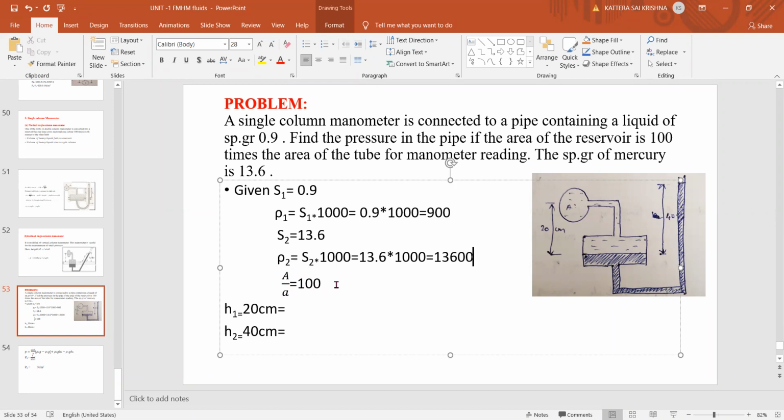But in the formula, small a by capital A will be there, which you can write as 1 by 100. Next, H1 is the fluid height in the left limb, so 0.2 meter. H2 is the 40 centimeters rise in the right limb, 0.4 meter. Yes, please copy them.